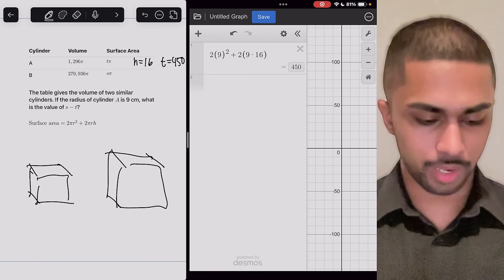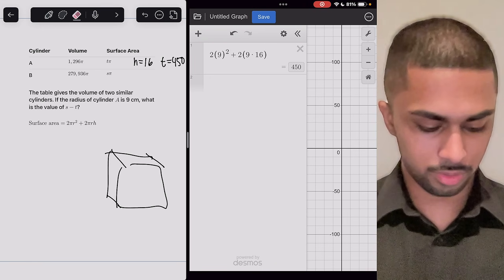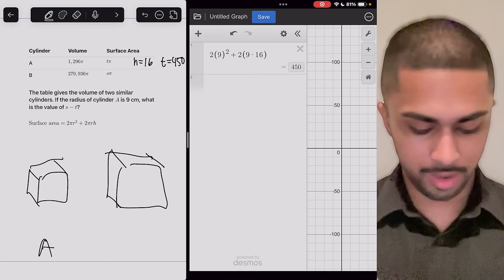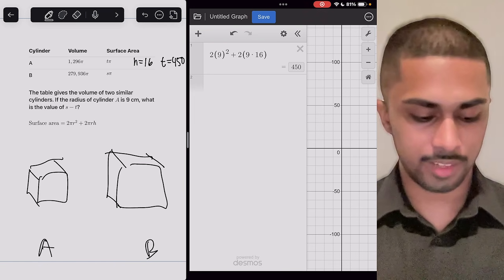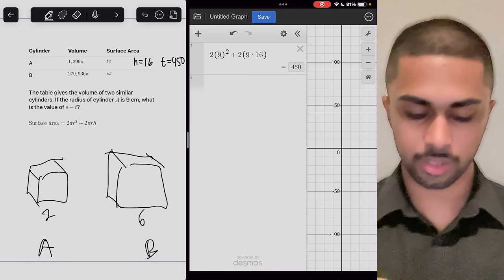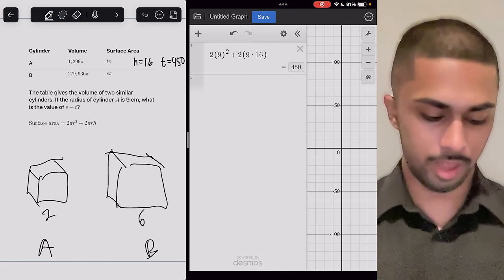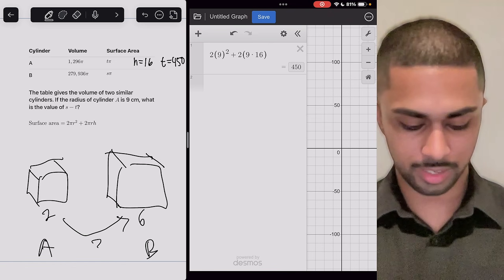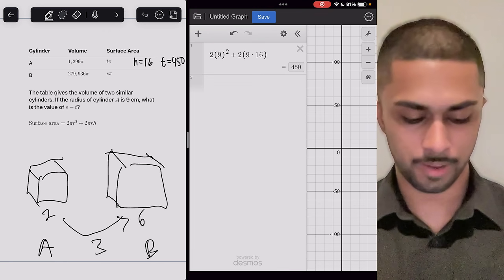Let's say we have two cubes, cube A and cube B. And the edge length on cube A is 2. The edge length on cube B is 6. That means that the scale factor is 3. Why?